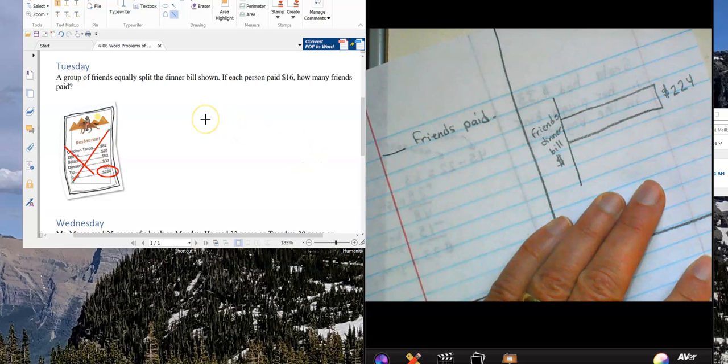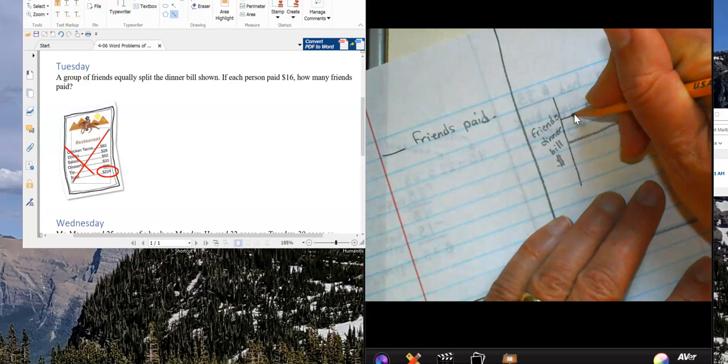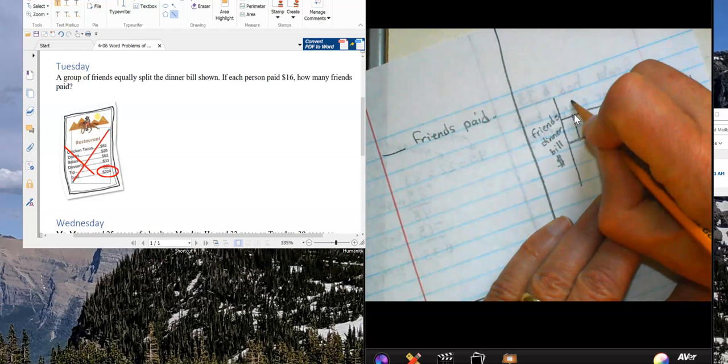Now I'm going to be attentive to the actual sentences and see if they can help me to solve the problem. A group of friends equally split the dinner bill shown. So that means the friends are going to split up the dinner bill equally. I just don't know how many friends we have yet. I know there's at least the first friend.